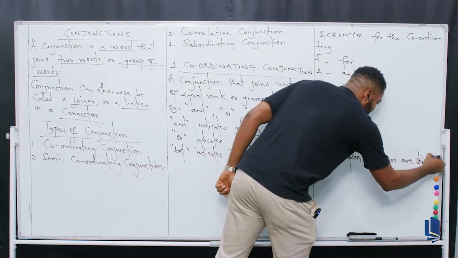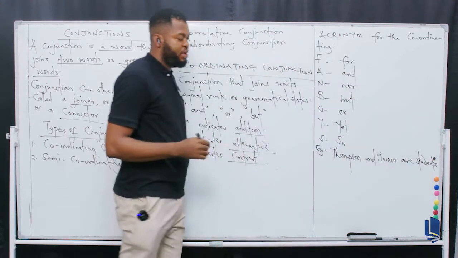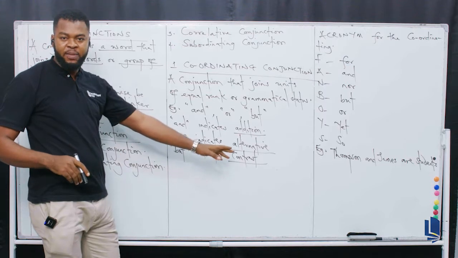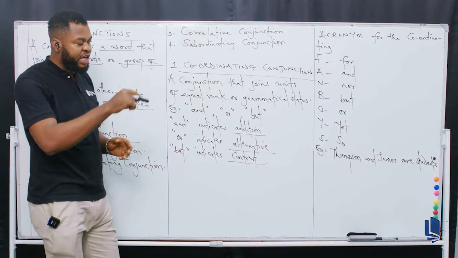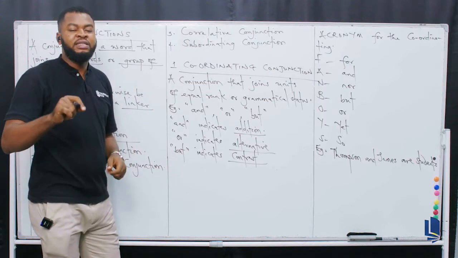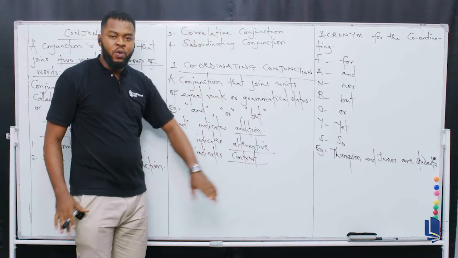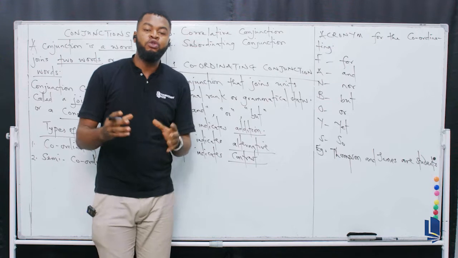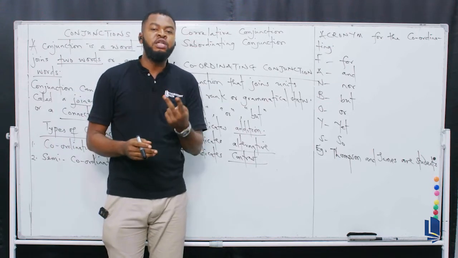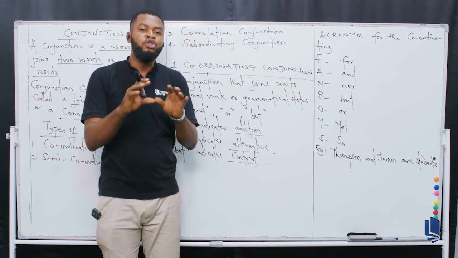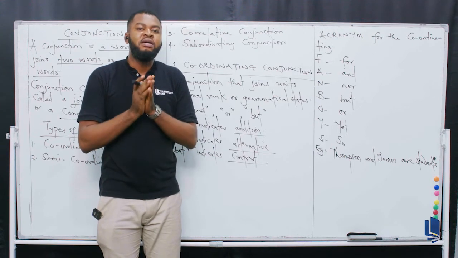Thompson and James are students. I hope you can see the example there. Which type of coordinating conjunction have I used? AND. Can you see that now? What is the function? It helps to join two units of equal grammatical status.